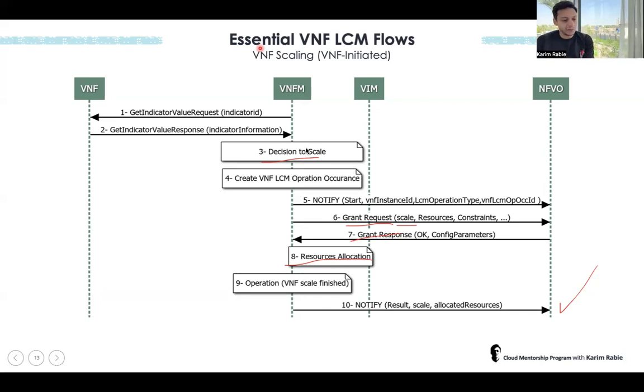A question from Iman: is scaling also depending on the licensing? It's a very good question, Iman. Most of the license models of the VNF vendors don't depend on the number of VMs. So license is not impacted.